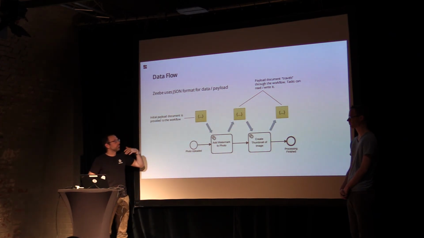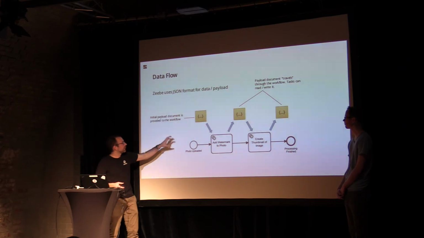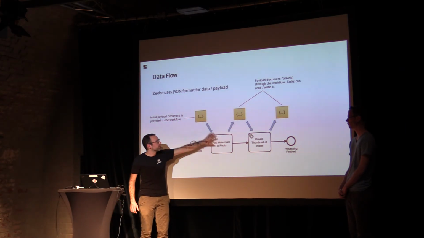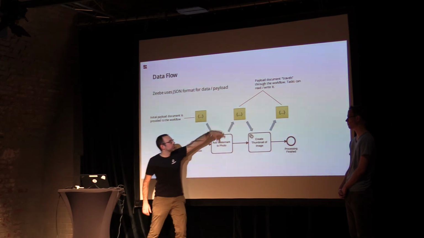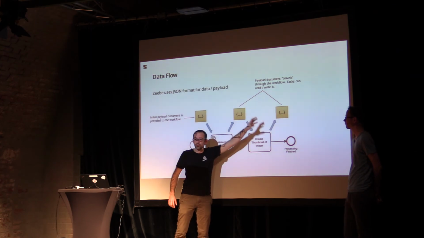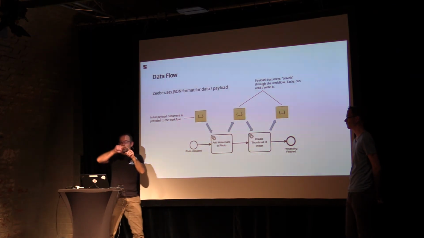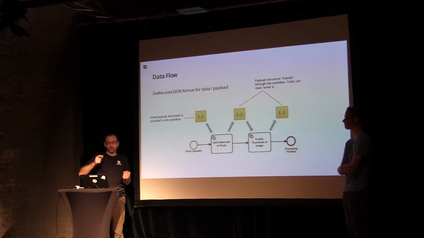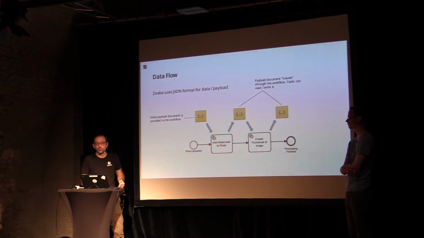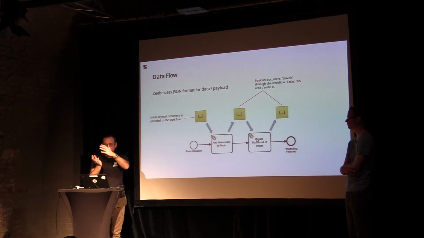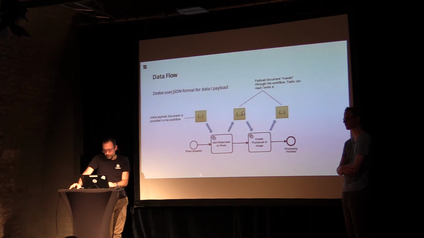Then we have payload, so that I can give some initial data inside, and the first task can work on this data, change it, and output it again, and then it goes into the next step, and so on. If you have parallelism, which CB cannot do yet, but if it could, then on each branch you would have 2 copies of this document, and they get merged at the merge point when the flows are joined.